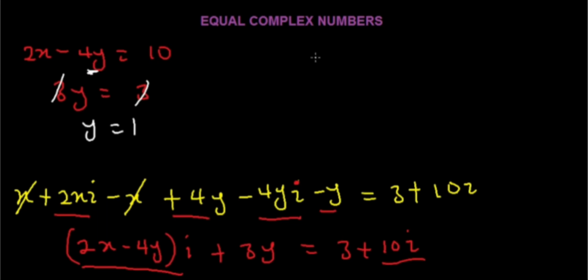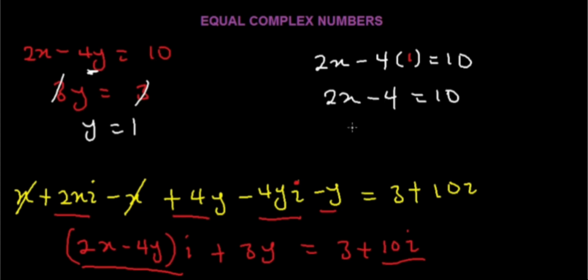Putting that here, I will have 2x minus 4 times 1, that's the value of y, is equal to 10. So 2x minus 4 is equal to 10. Therefore 2x is equal to 14. If I bring this one to the other side, that will be plus. Then divide both sides by 2, x will be equal to 7.